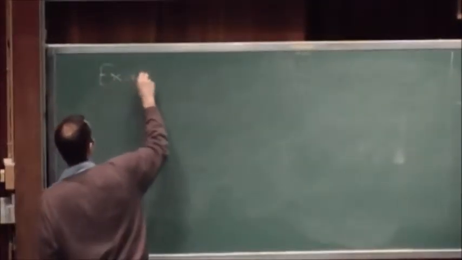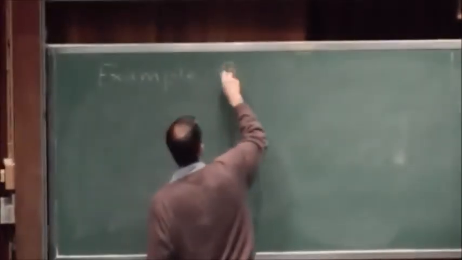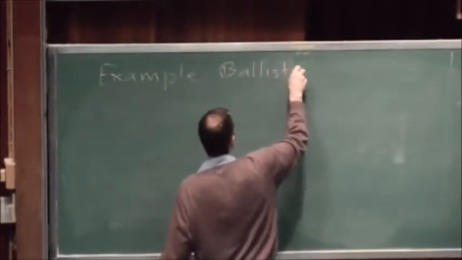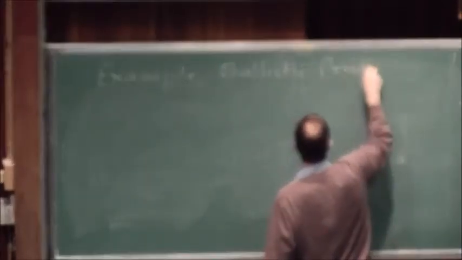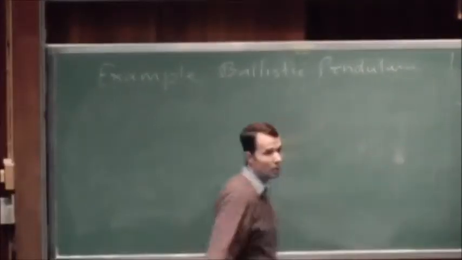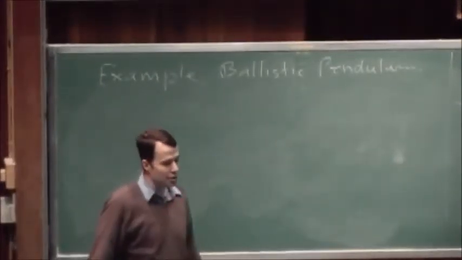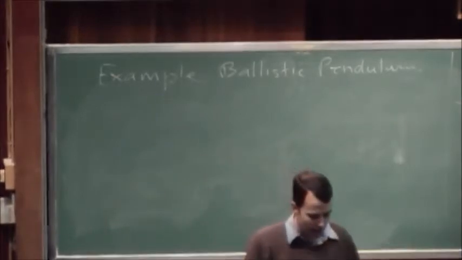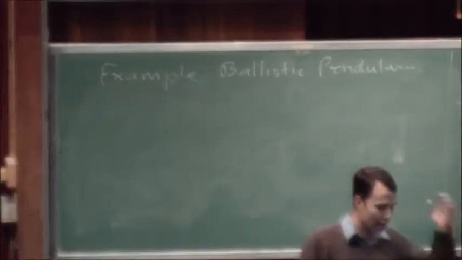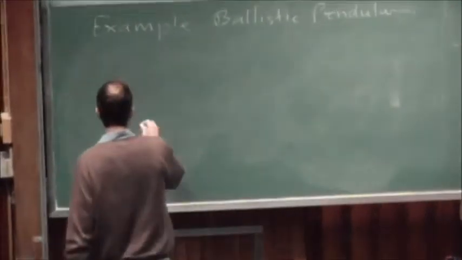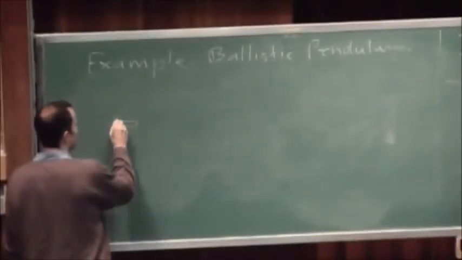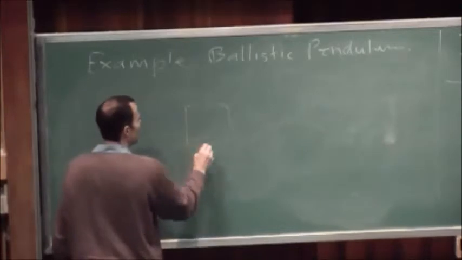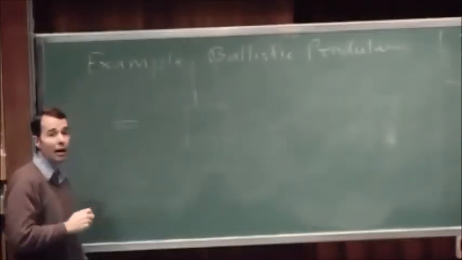All right, so let's do an example. They have an example, this is called the ballistic pendulum. One of the ways that you can determine the velocity of a projectile, for example a bullet, is simply taking that bullet into a hanging block that weighs a lot.